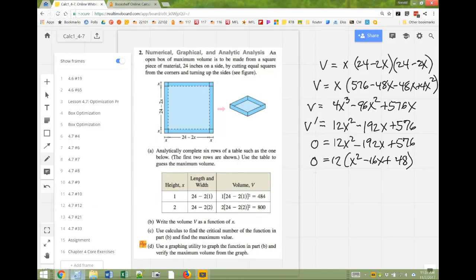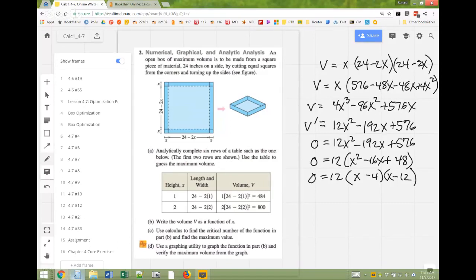We can, because, let's see, that's x minus, let me think. So we got to add up to 16, so that could be 12 times 4. Yeah. So x minus 4 and x minus 12. Right?